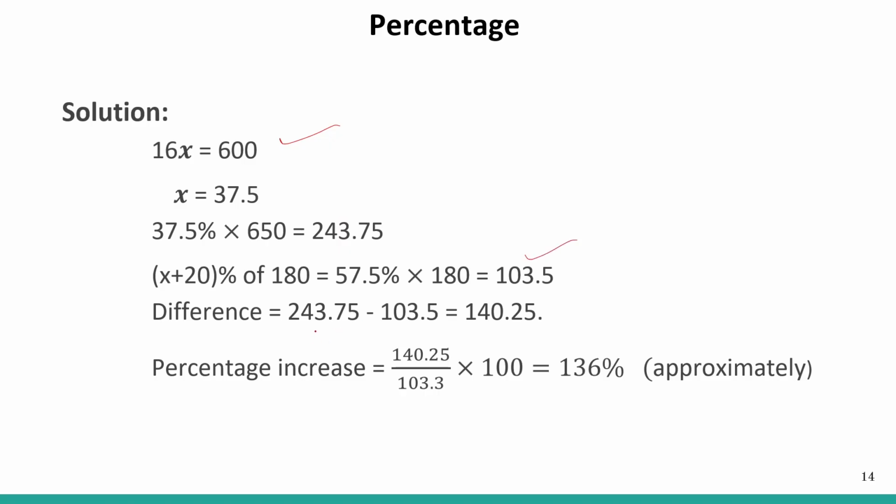So the difference, 243.75 minus 103.5, is equal to 140.25. So the percentage increase will be 140.25 by 103.5 into 100, that is equal to 136%. So the correct answer will be approximately 136%.